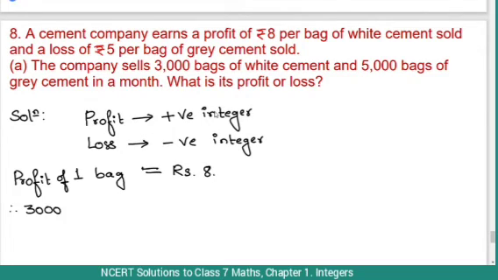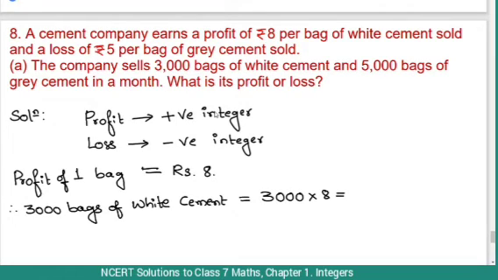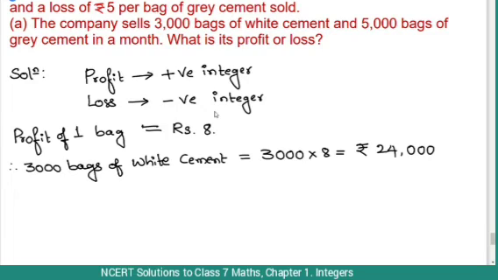Therefore 3000 bags of white cement is equal to 3000 into 8, that is rupees 24,000. So profit is rupees 24,000.